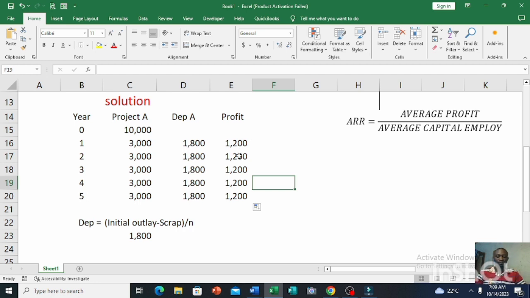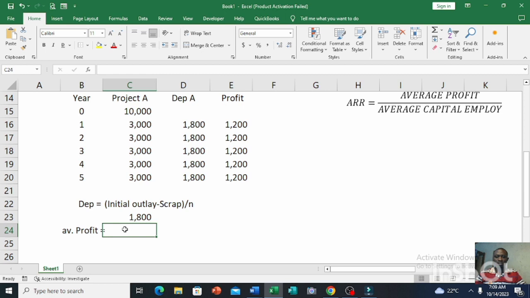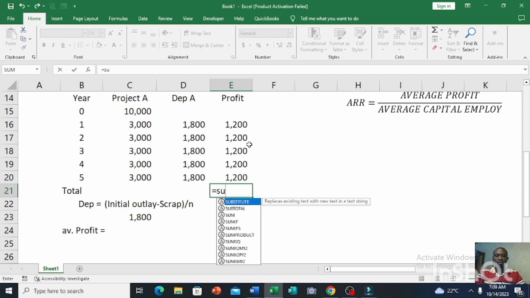So this is our profit. Our average profit will be equal to the total profit, so I can just add another row here for total. Please sum this with your calculator.